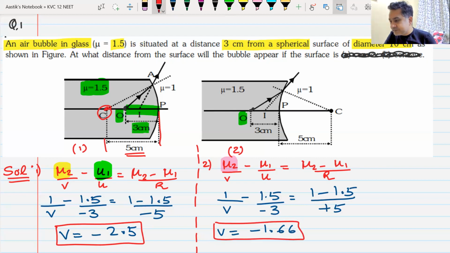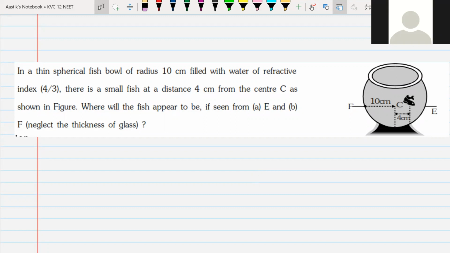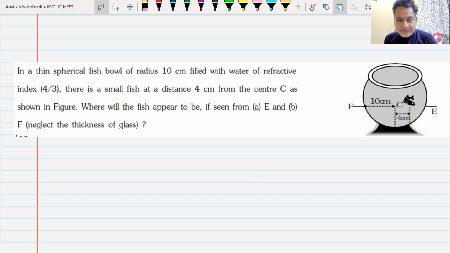Boys, good luck. Here comes the question, and there are two cases here. A thin spherical fish bowl aquarium of radius 10 centimeter is filled with water of refractive index 4/3. There is a small fish at a distance of 4 centimeters from the center as shown in the figure.